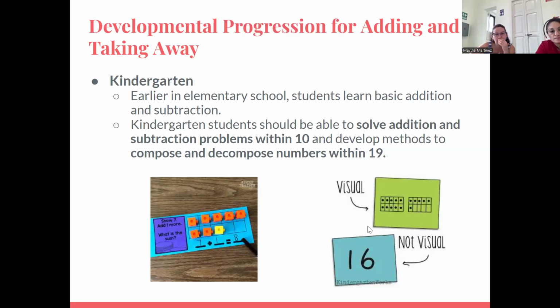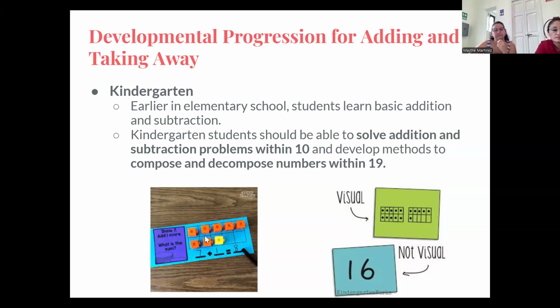In kindergarten, you can utilize the 10 frame and counting cubes or unifix cubes to work with single digit or within 20 additions and subtractions with the kids. But again, start with the counters first, then move on to the 10 frame, and then move on to the abstract representation, which is with a 7 plus 1.